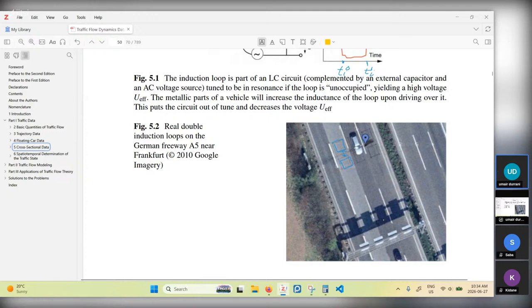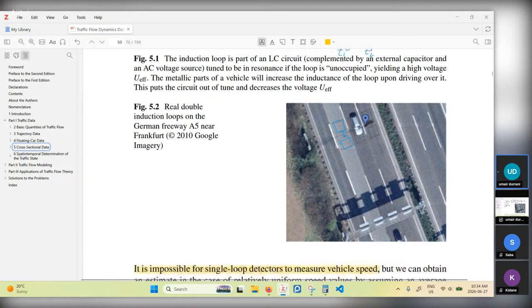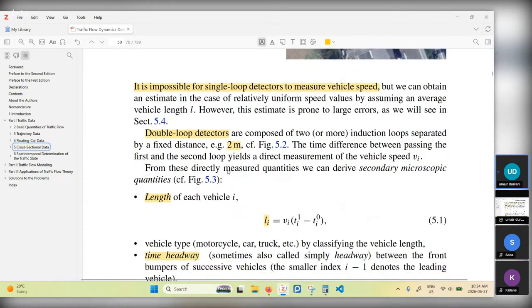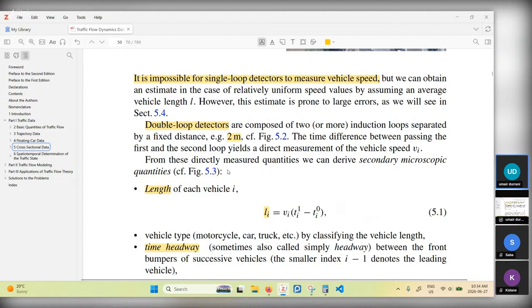And the distance between them is typically 2 meters, as mentioned in the chapter. It does mention here that it is impossible for single loop detectors to measure vehicle speed, and this is where we need two loops, so double loop detectors. And as I mentioned before, the typical distance between them could be 2 meters, it could be others as well, but the chapter only mentions 2 meters.